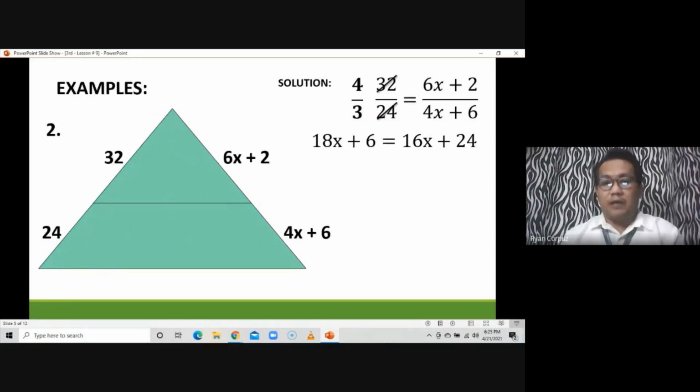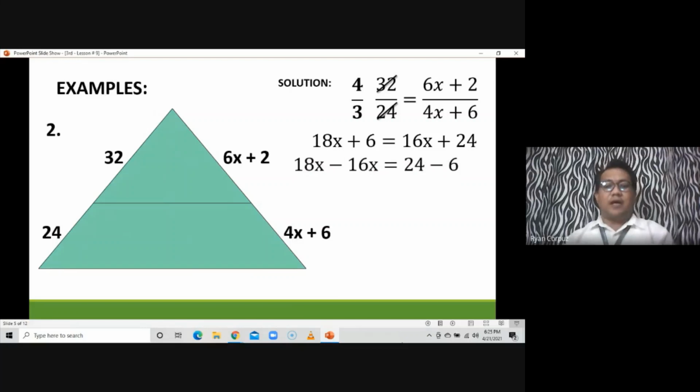Positive 16x, jumping the equal sign, becomes minus 16x, and positive 6 becomes minus 6. So we have 18x minus 16x is equal to 24 minus 6. Simplifying, 18x minus 16x is 2x, and 24 minus 6 is 18.